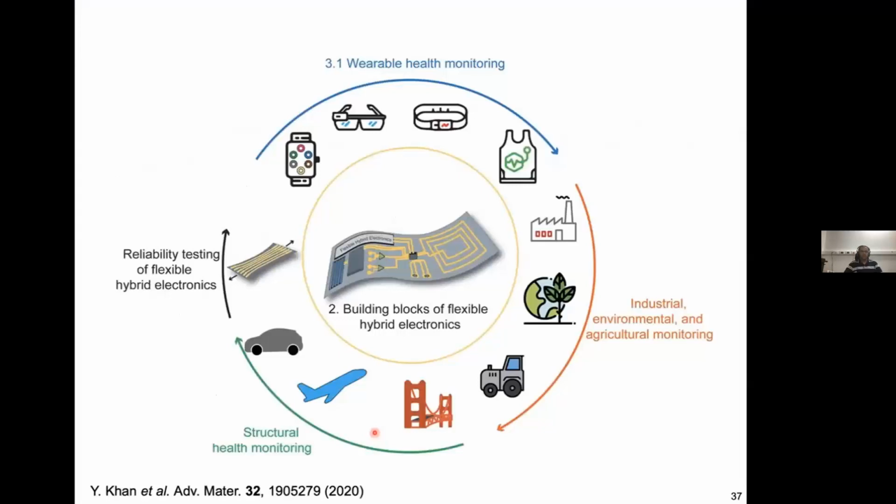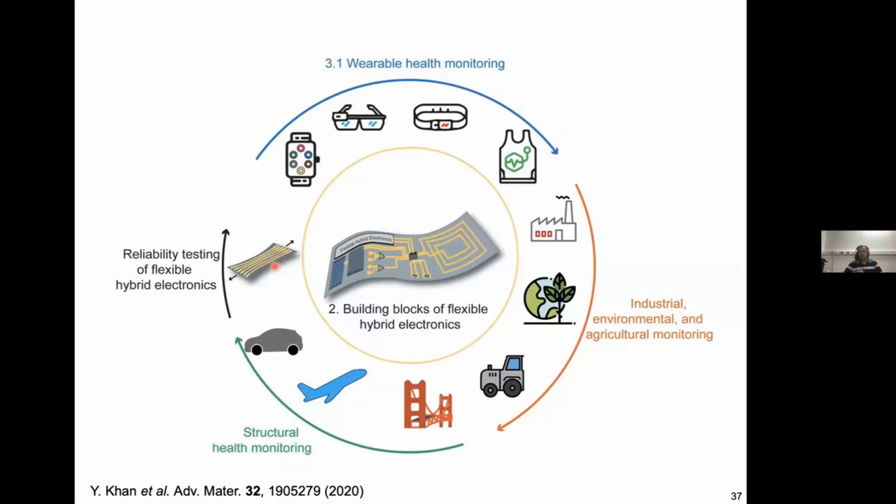So if you were to look at where flexible electronics comes in, especially when we talk about Industrial Revolution 4.0 or Internet of Things, there is going to be a lot of emphasis on building sensors. When you think about sensors, they can be used for health monitoring, environmental, industrial monitoring, structural monitoring, and so on. So you're going to need some active materials to sense. You're going to need conductive lines in order to transmit the data.